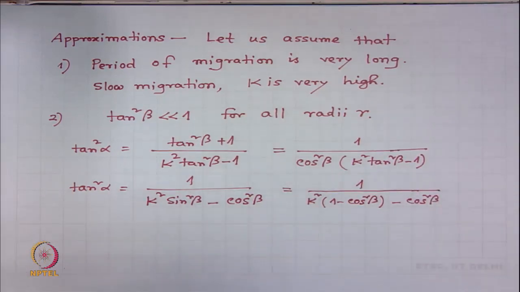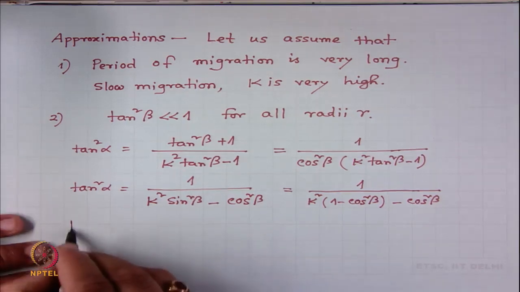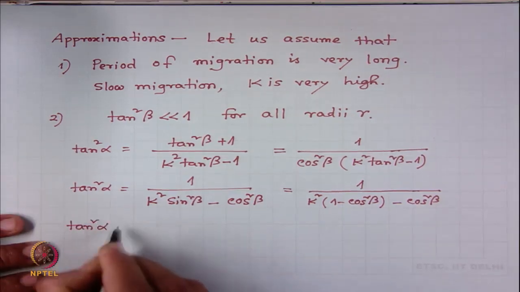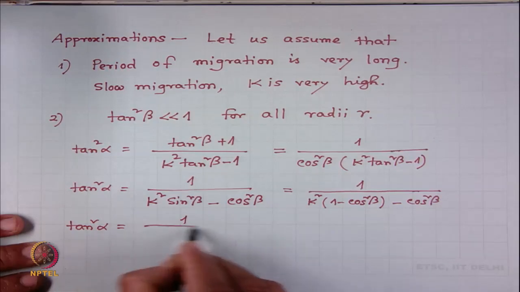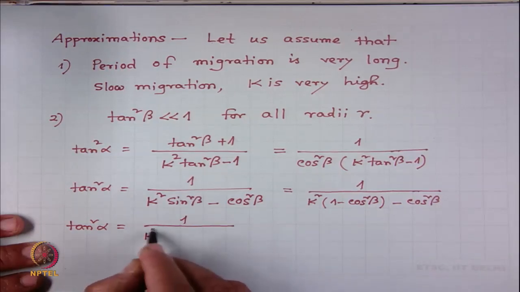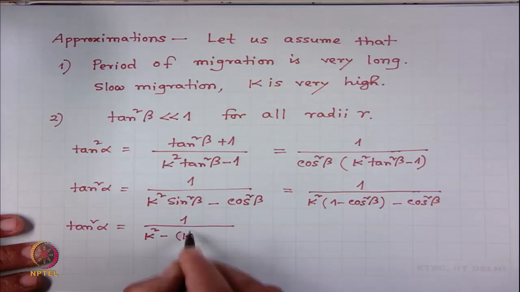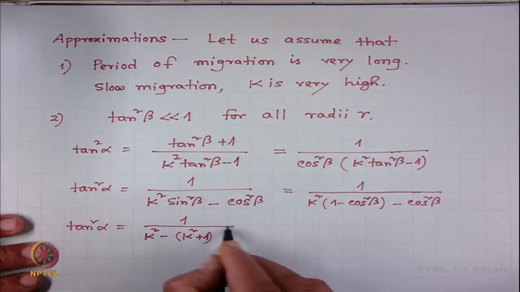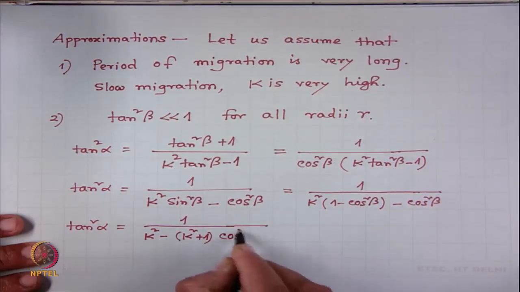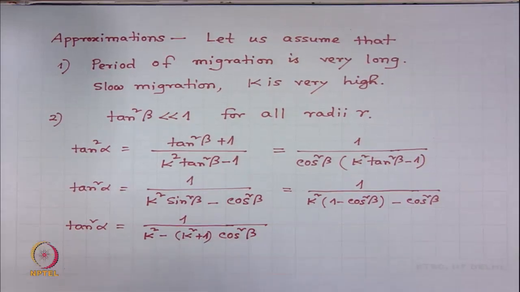Right. So, k square minus k square plus 1 cos square beta.